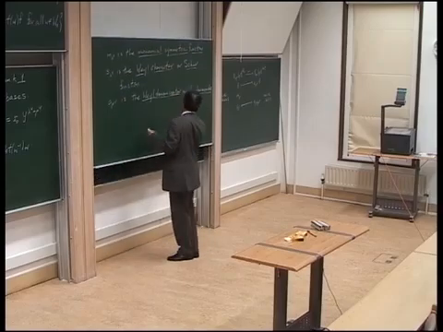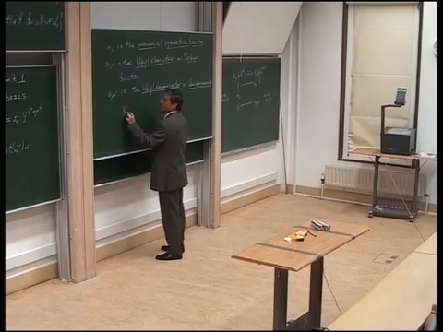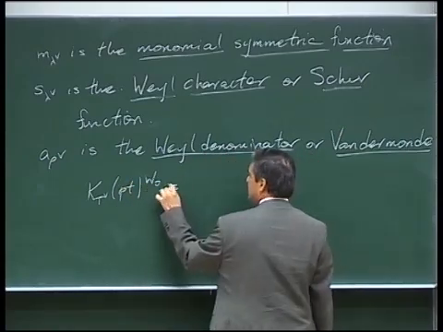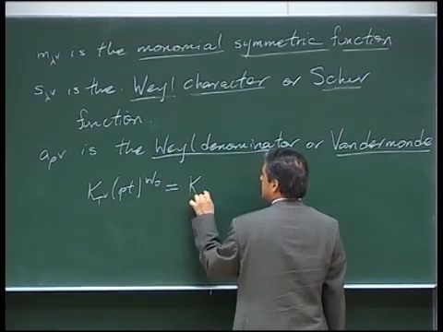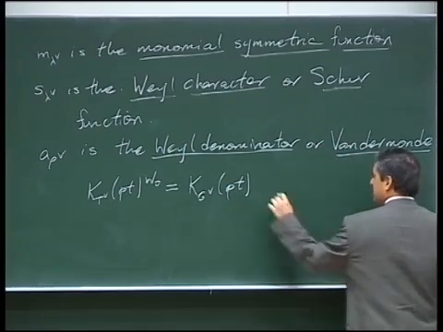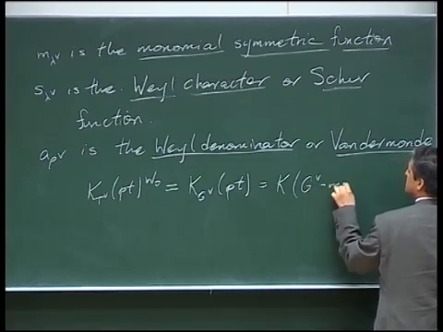Okay, so I need now just to make one remark about this picture, and that is that K_T check of a point w naught. So what's the theorem of Weyl? It says that this is the same as K_G check of a point, which is the Grothendieck group of G check modules.